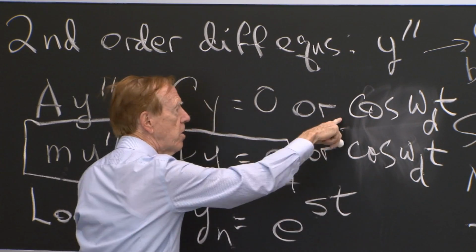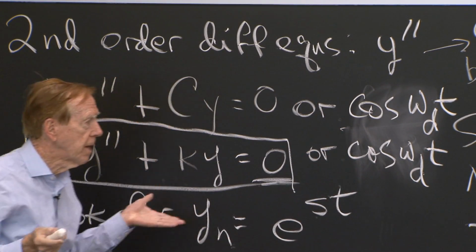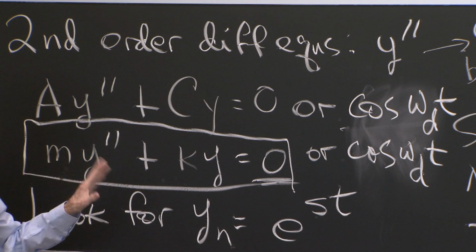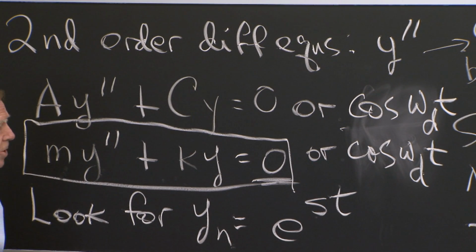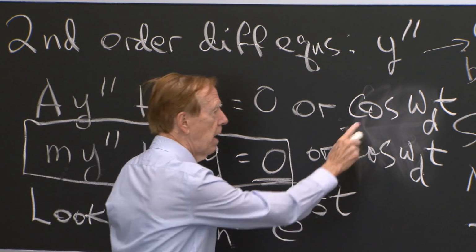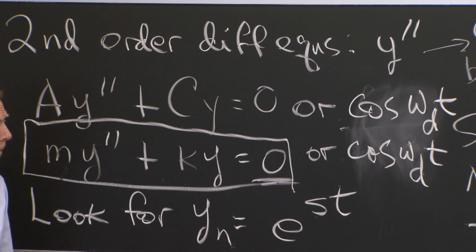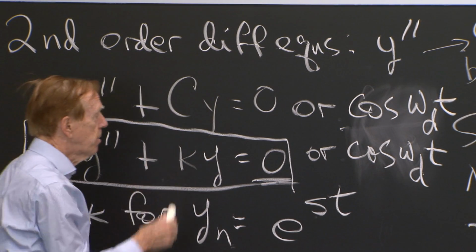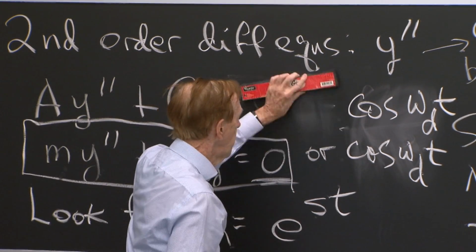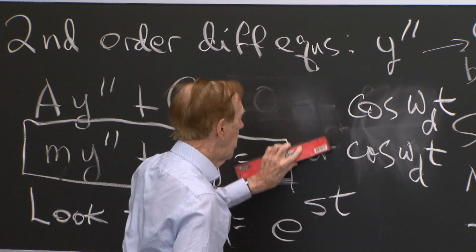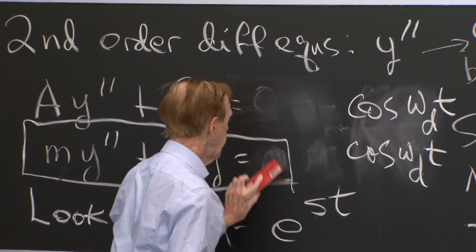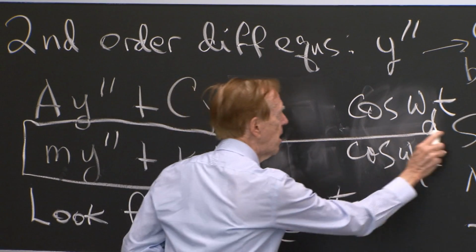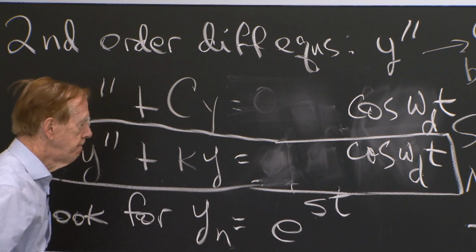And of course, it could have an amplitude, but let me take that amplitude as 1 to keep things simple. So now I'm talking about forced motion. Can we solve it? How can we solve this equation? So let me take out the 0 and put cosine omega t.